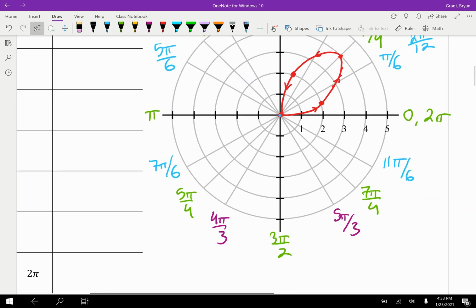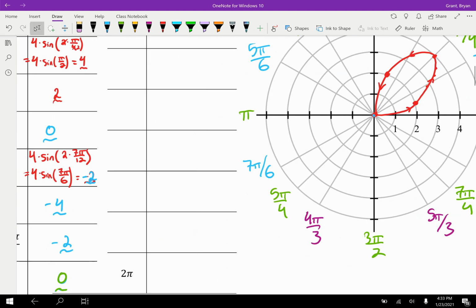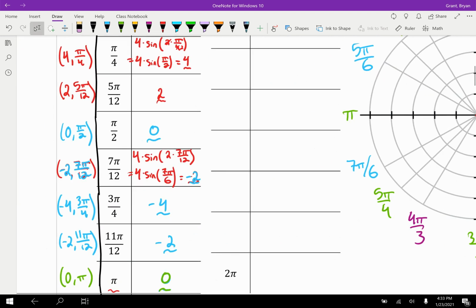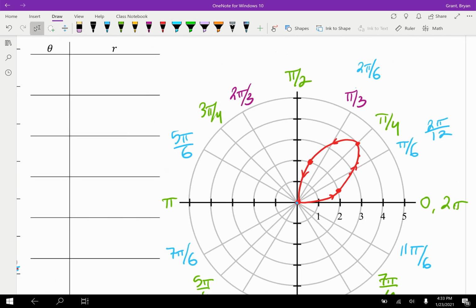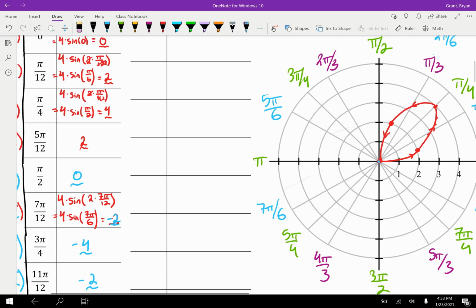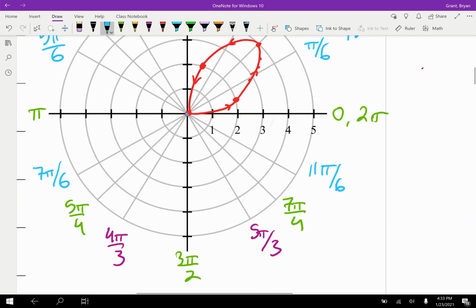All right, but we've only graphed half of our points, so let's look at this next set that I'll do in blue. And you're like, oh, next set, that's exciting. We're probably in the second quadrant right now, and you're like, okay, 7 pi over 12. Well, we already talked about 6 pi over 12 is here, so 7 pi over 12 is right here, yeah. So we're going to rotate to this pi over 12 line, 7 pi over 12, but then our radius is negative, and we know how to deal with that.